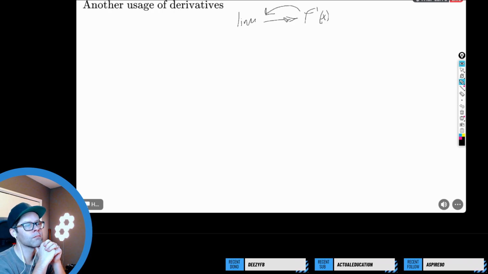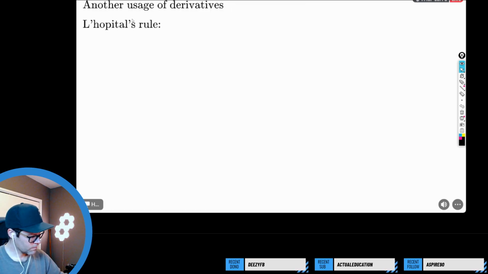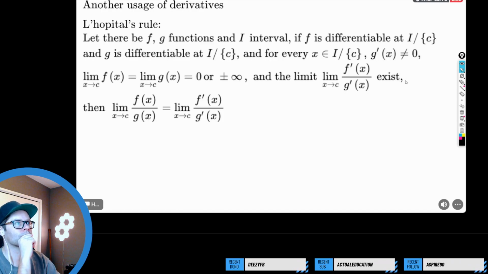This is a very powerful tool, and this is L'Hopital's rule, which actually L'Hopital did not find. He just bought it from Bernoulli with money. He bought the rights to this rule, so he didn't actually prove it.